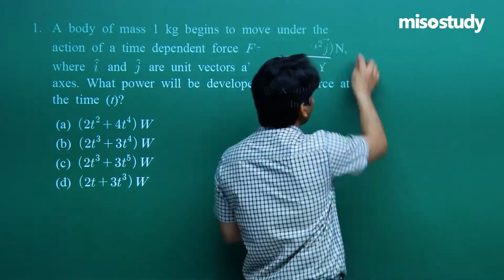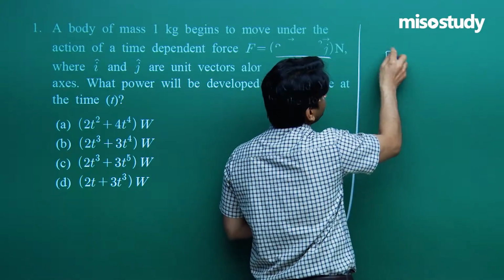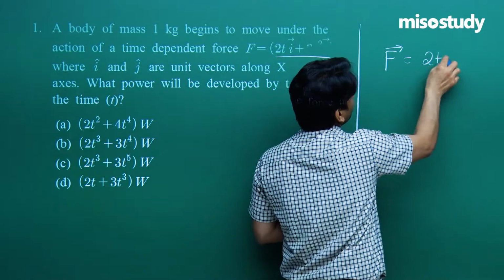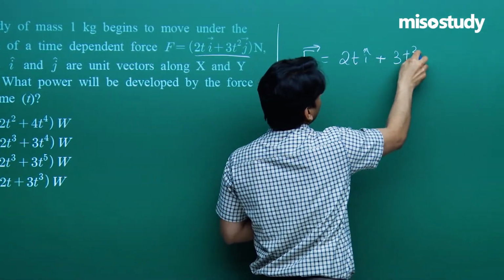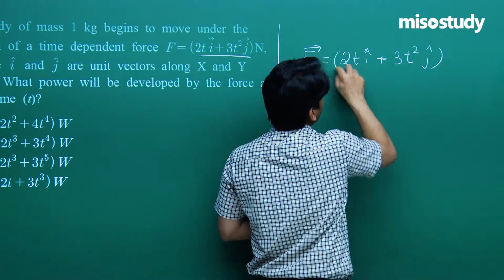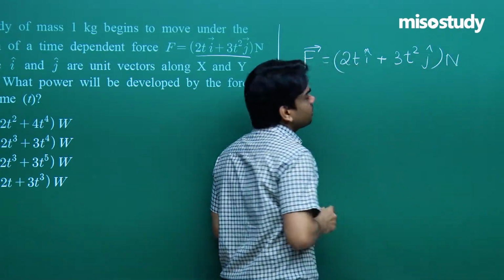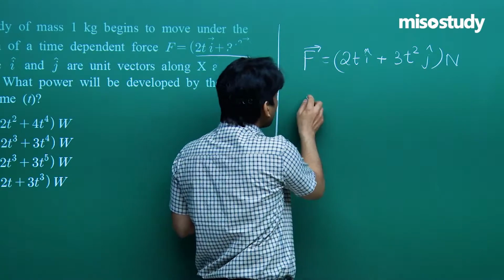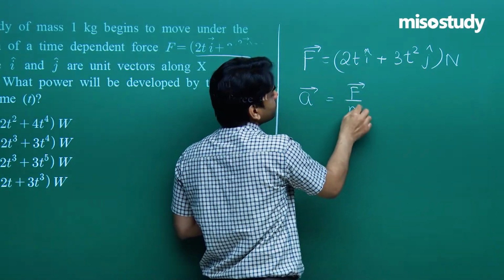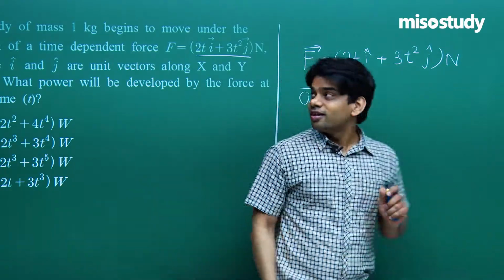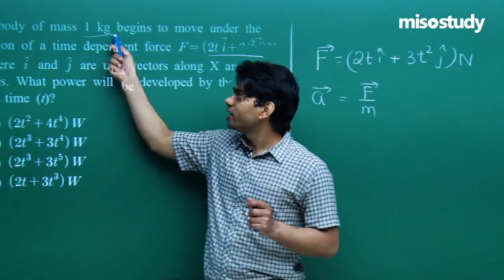Let me mark the force as 2t i cap plus 3t square j cap Newton. This is what has been given to us. For force, we all know that acceleration a is force per unit mass. Mass is given in the first line of the question, a body of mass 1 kg.